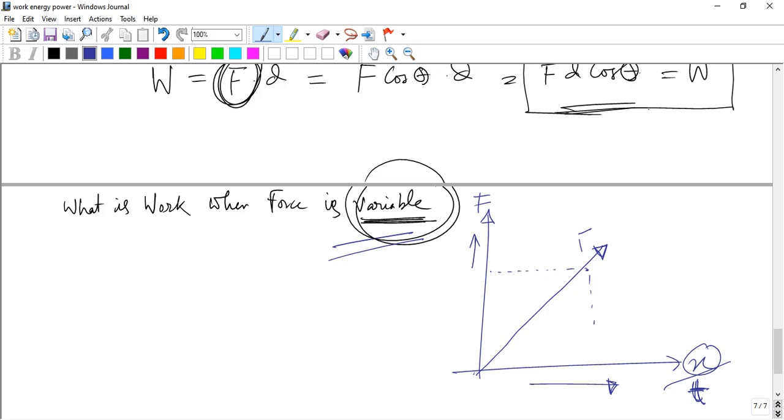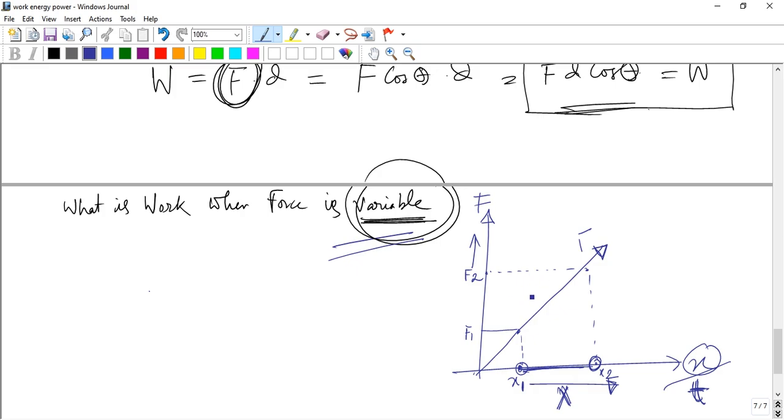If at position x1 the force is f1, and at position x2 the force is f2, then the displacement between these two is x2 minus x1, also called capital X.